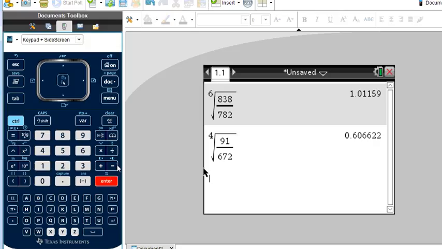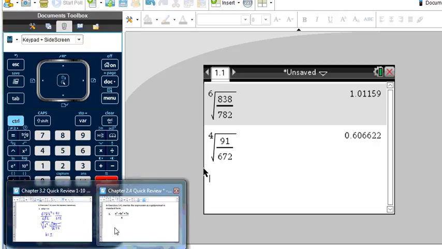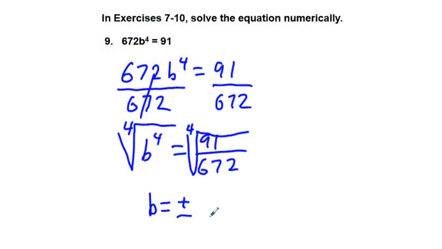So we get 0.606622. And we know it's an irrational number. We know it's not going to be exact. But it's going to be as close as we can get reasonably possible to that.